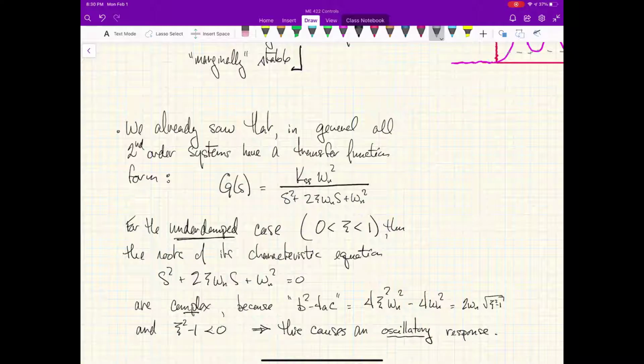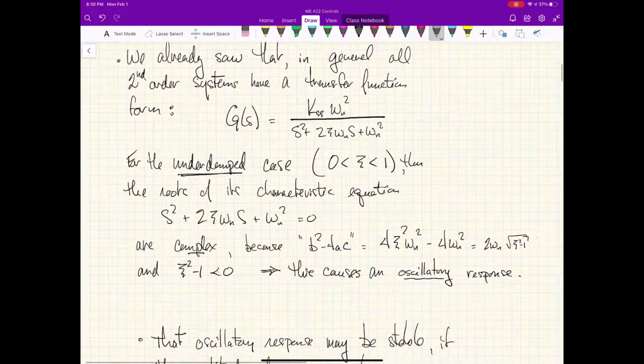And it's time to look at different cases now for that second order system in terms of stability. Specifically in the case of the underdamped system, which is the one that was oscillating as I had above, that corresponds to a value of zeta, the damping ratio, between 0 and 1. Okay, so that's what we call the underdamped case.